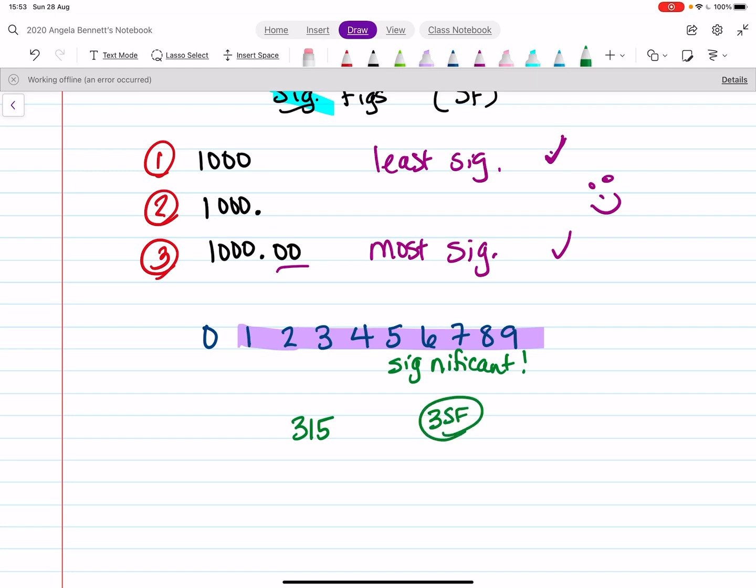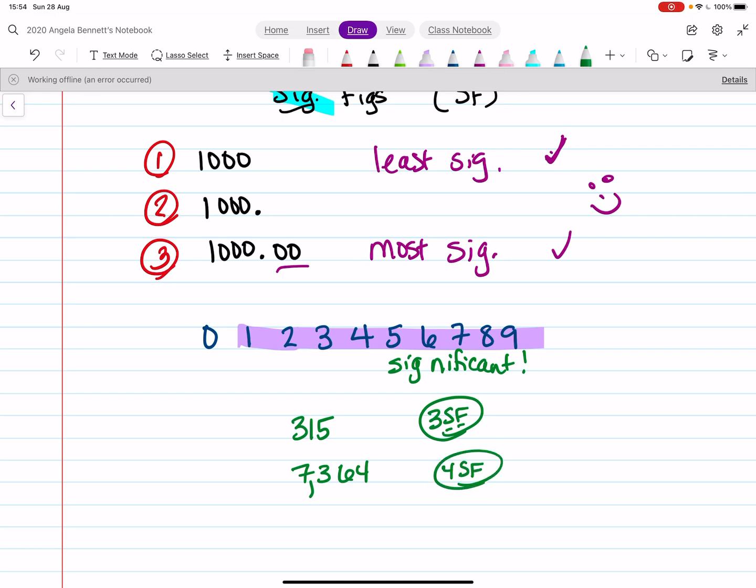So that has 3 Sig Figs. If I had the number 7,364, I was going to say 315. I got that number stuck in my head. So this number, 7,364, all 4 of the digits are between 1 and 9. So that means all 4 are significant. So there are 4 Sig Figs.